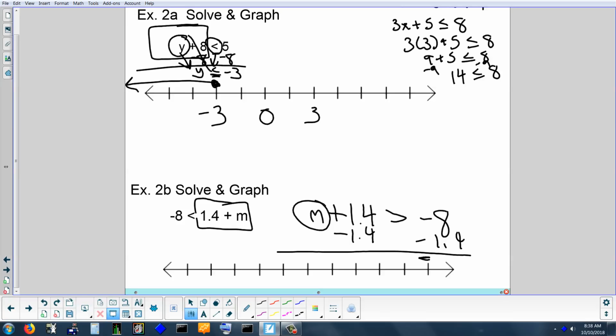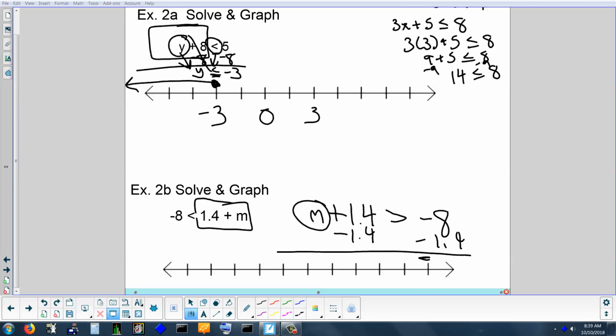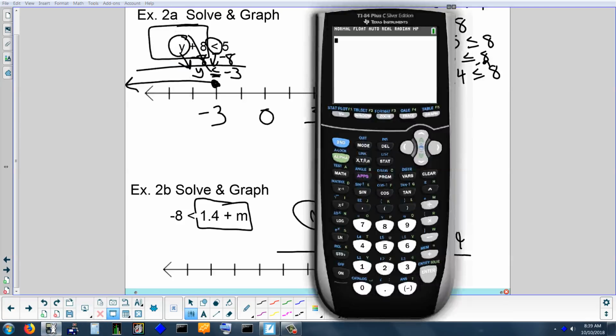Let's go back to... I don't want that one. I don't like that one. I like the big one better. So we got what? -8, right? -8. Remember, in between, you want to hit the minus button, not the negative button. When two numbers have a minus sign in between, you actually want to hit the minus sign, not the negative sign. I showed you guys that before.